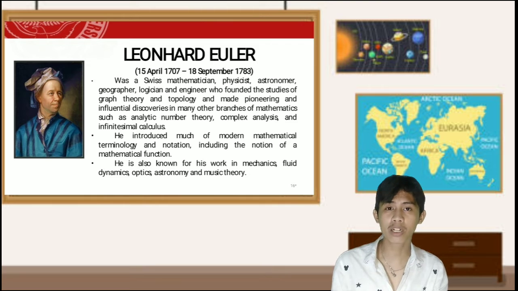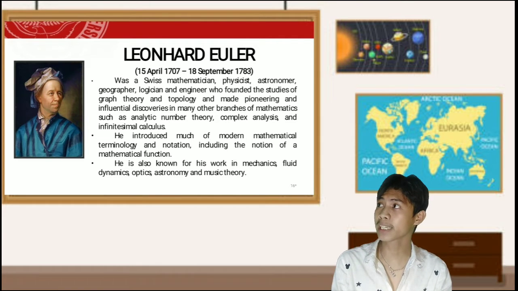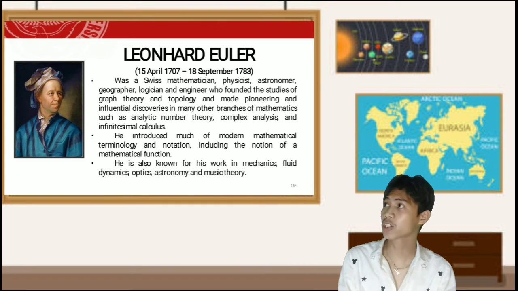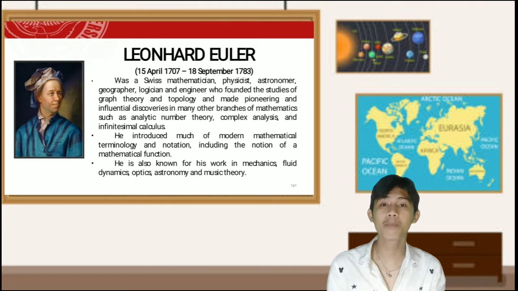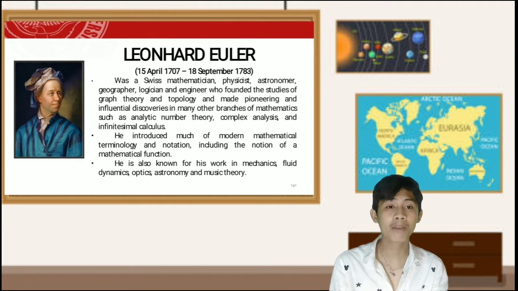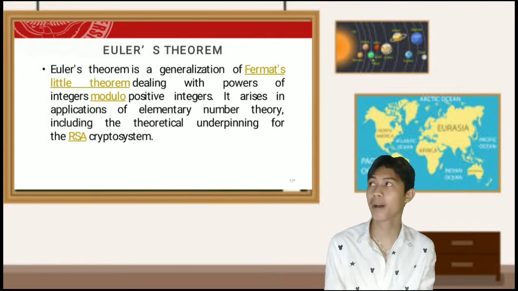He also made contributions to things such as analytic number theory and introduced the notion of a mathematical function. So in the category of number theory, Euler developed a theorem now called Euler's theorem. So, what is Euler's theorem?